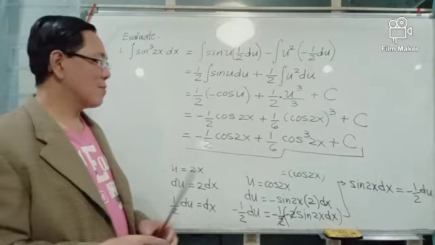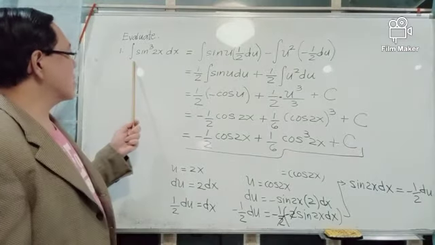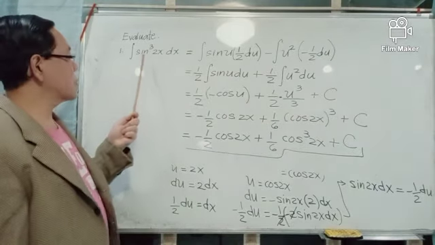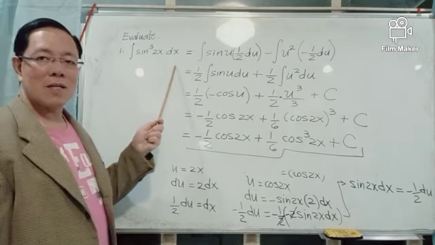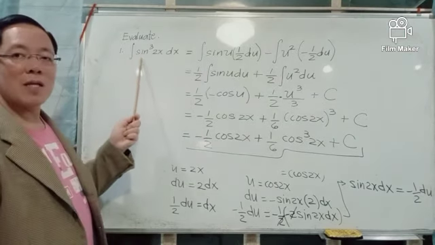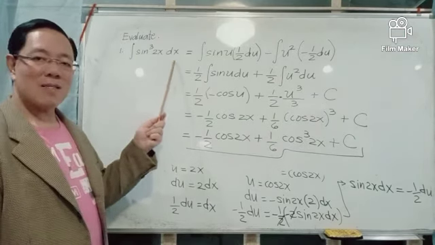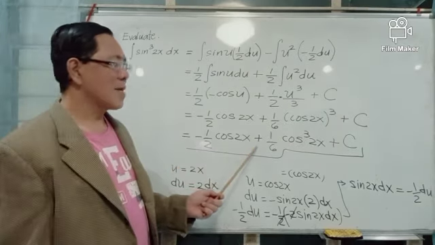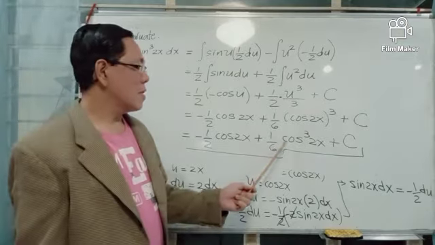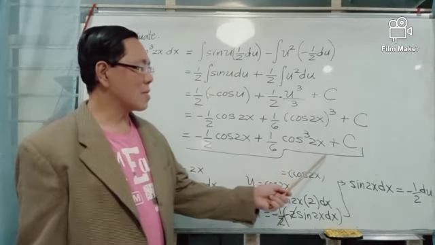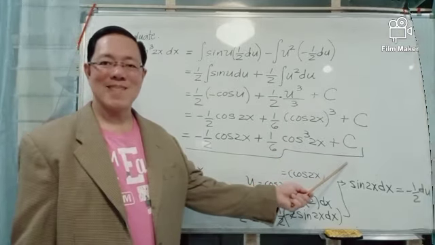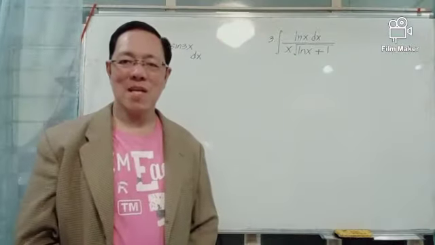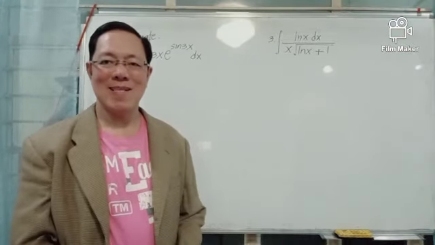This is the integral of the cube of sine 2x dx. The integral of sine cube 2x dx is equal to negative 1/2 cosine 2x plus 1/6 cosine cube 2x plus c. For our example 2, consider the following integral.